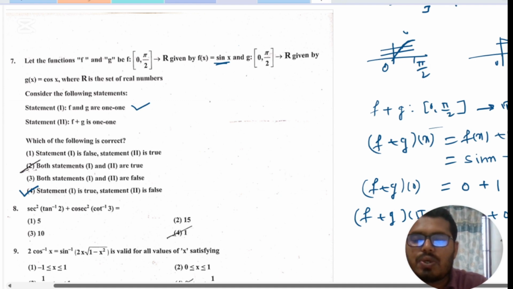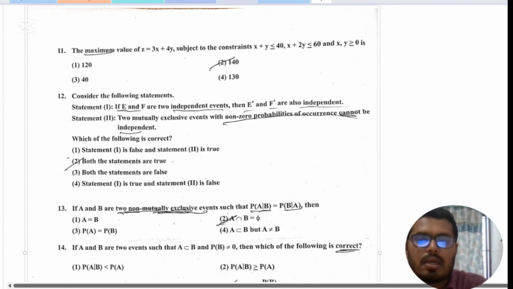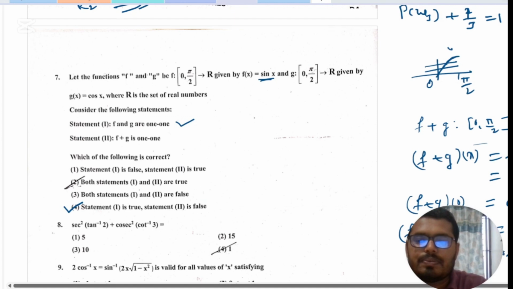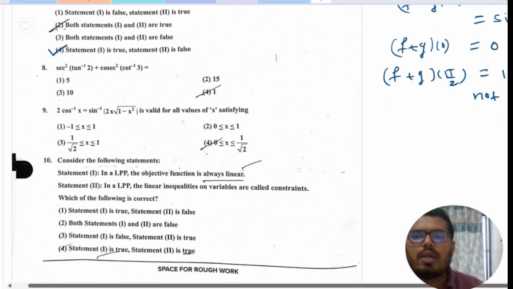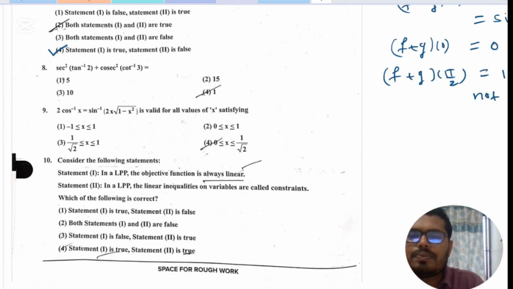Okay, next, question number 8. Sec square of tan inverse 2 plus cosec square of cot inverse of 3 is equal to.